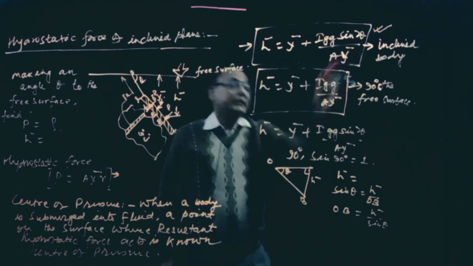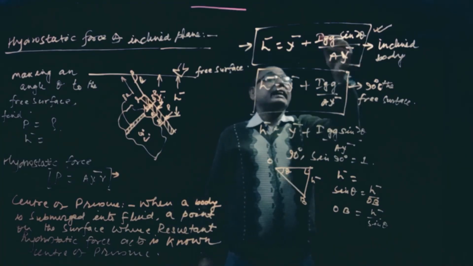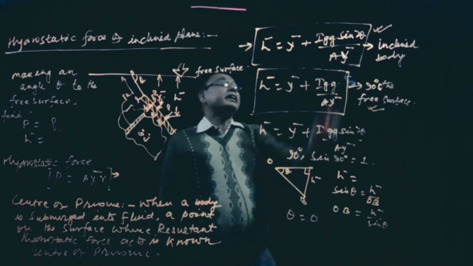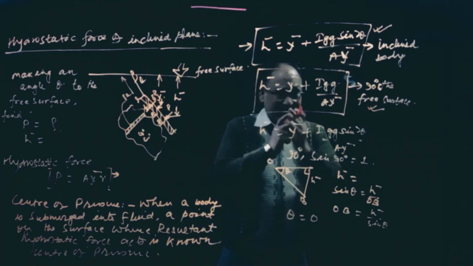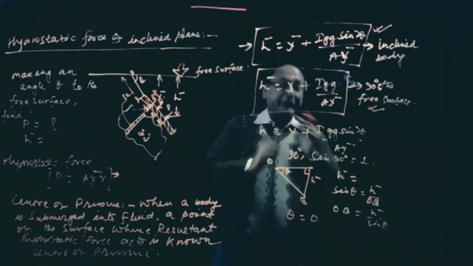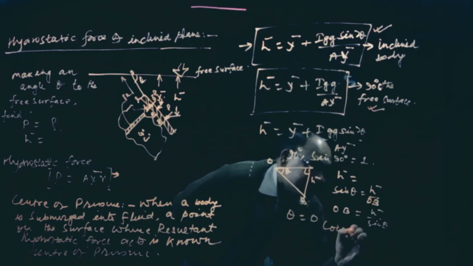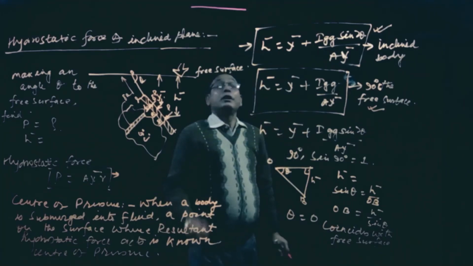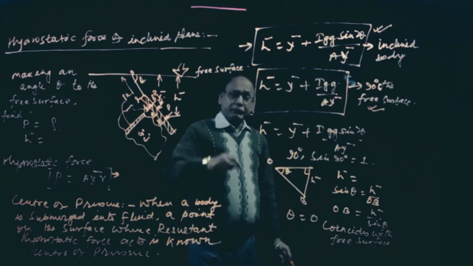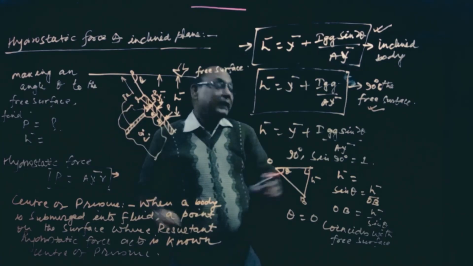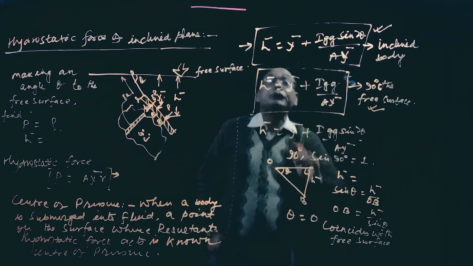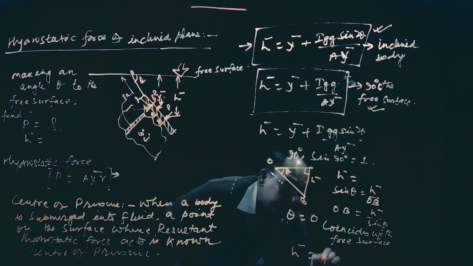If sin theta is equal to 0, the subtending angle is 0, which means the body coincides with the free surface. In that case sin 0 is 0, so the second term becomes 0, and you get h dash is equal to y dash.